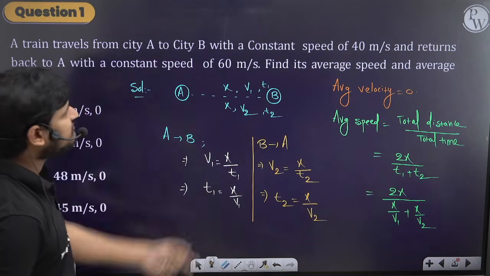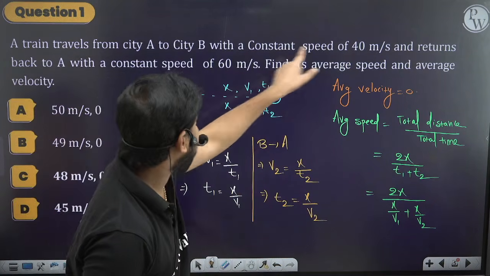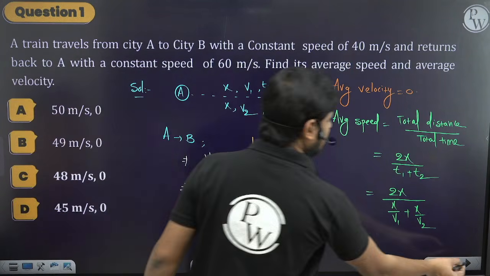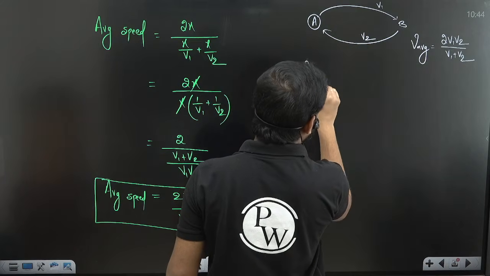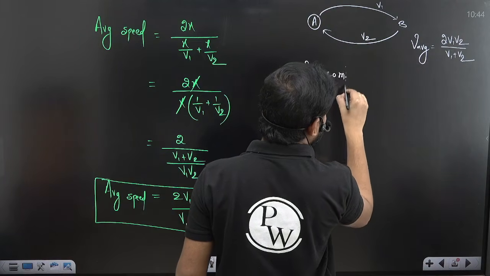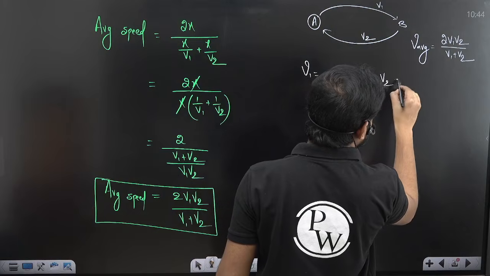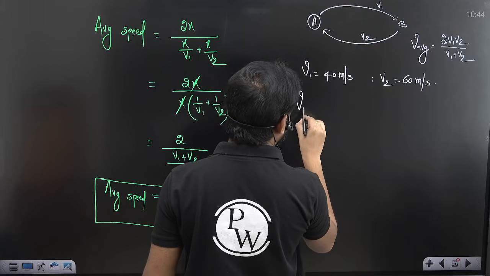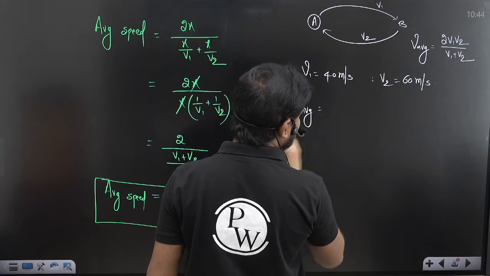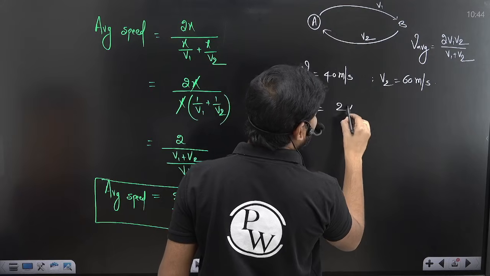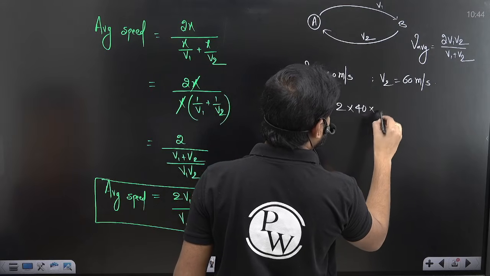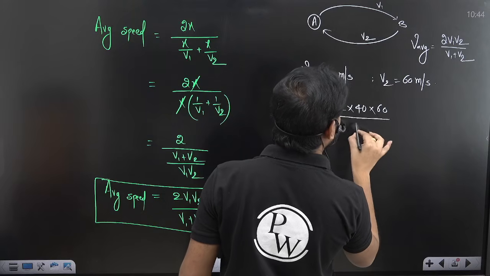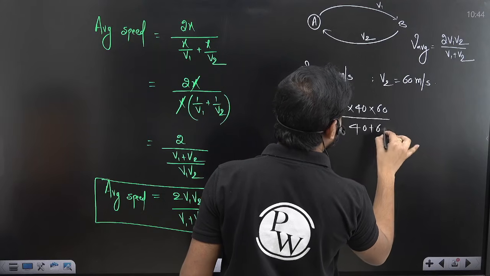Now solve the question. They gave the values. See here, v1 is 40 meter per second and v2 is 60 meter per second. Now substitute the values. The average speed is equal to 2 into v1 40, v2 60 by v1 plus v2, so 40 plus 60.